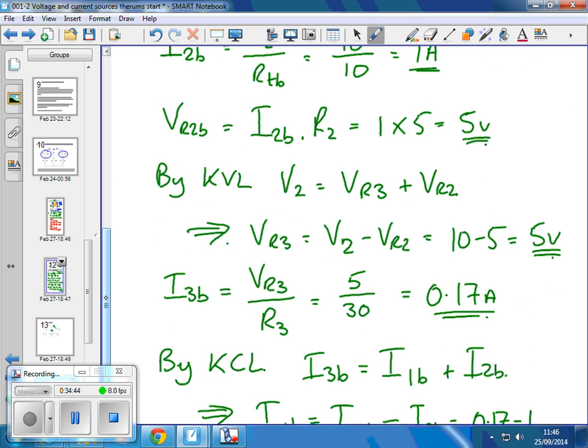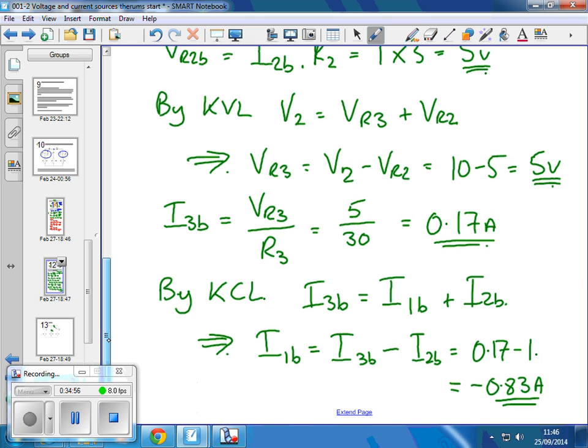By KVL, we use that particular loop to find VR3, 5 volts. We then use that to find the current due to this source through the middle resistor, and then apply Kirchhoff's current law to find the remaining current. Okay, and there are other ways you could go. No particular way is wrong, as long as you get the final answer right.